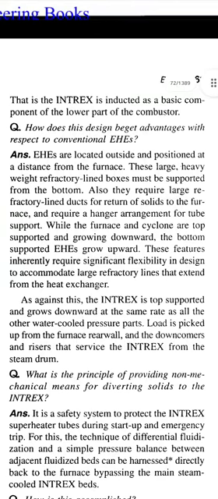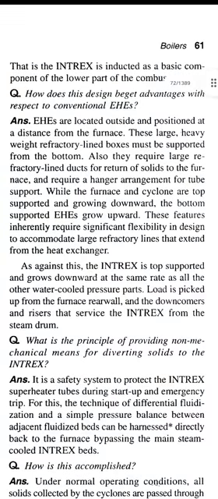Question. What advantages does this design offer with respect to conventional EHEs? Answer. EHEs are located outside, positioned at a distance from the furnace. These large, heavy-weight refractory lined boxes must be supported from the bottom.